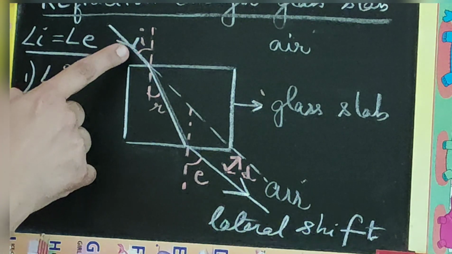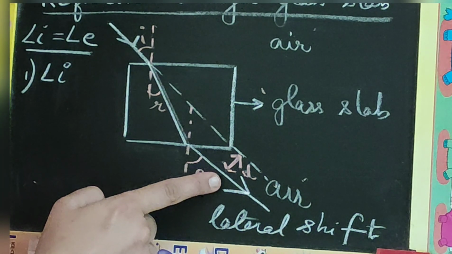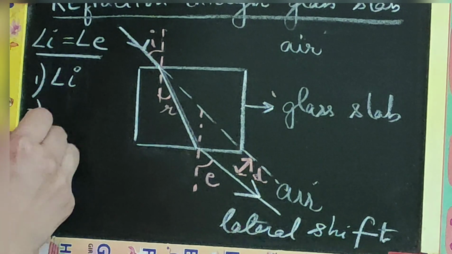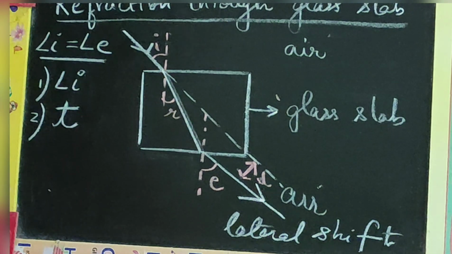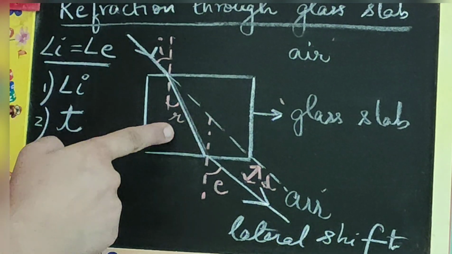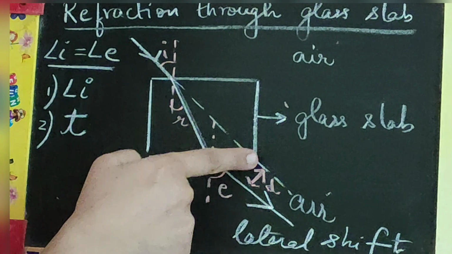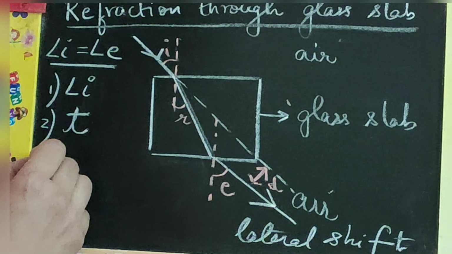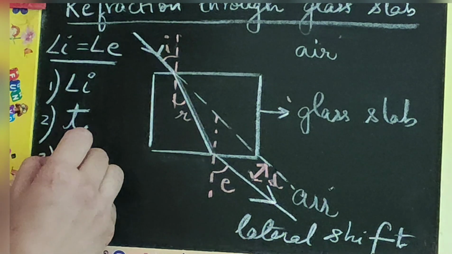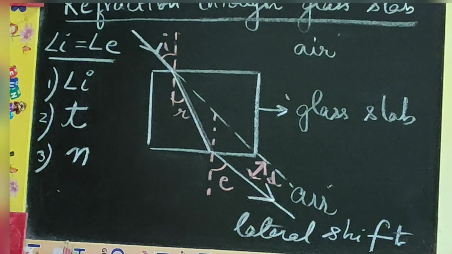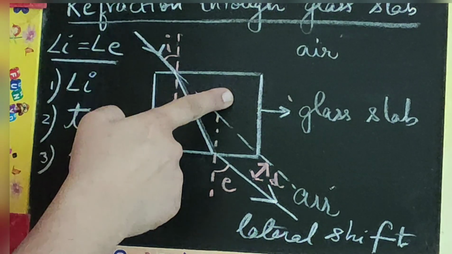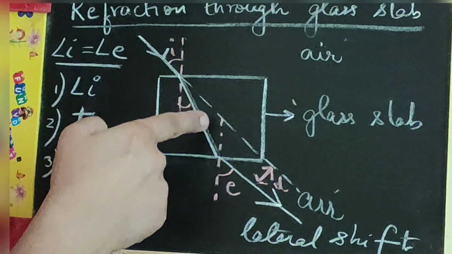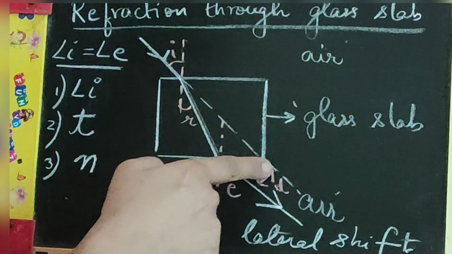More is the angle of incidence, more is the shift. It also depends on the thickness of the glass slab. Thicker is the glass slab, more will be the lateral shift. It is directly proportional to the refractive index of the glass slab.